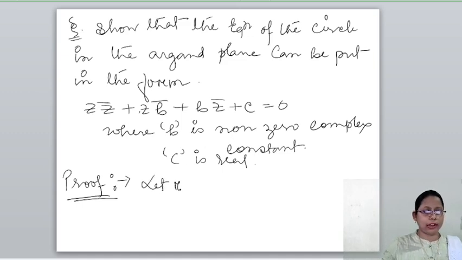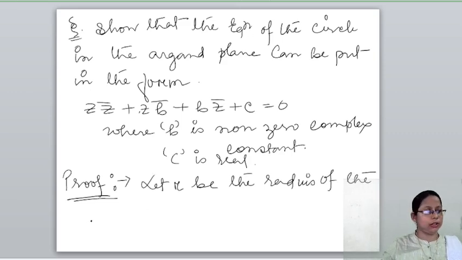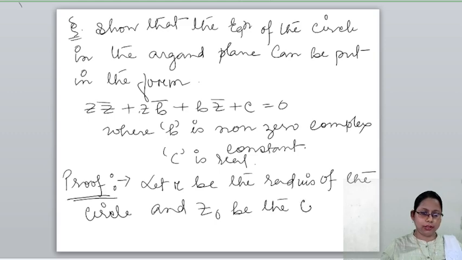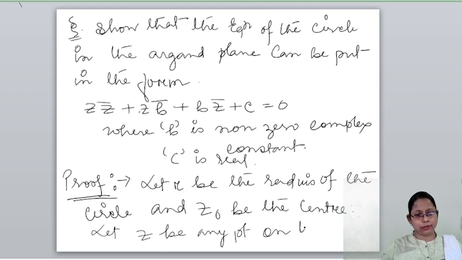Let r be the radius of the circle and z naught be the center. Let z be any point on the circle.